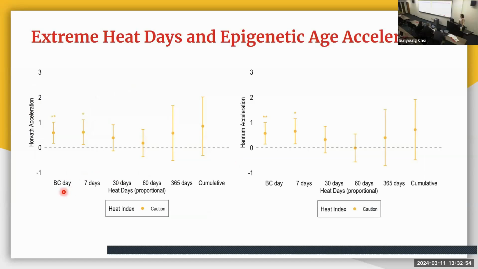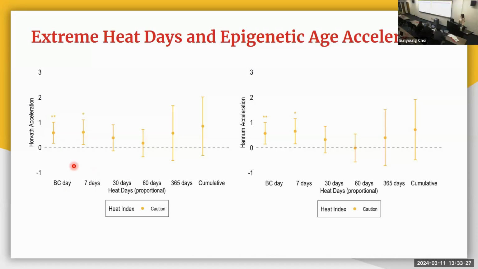So on the blood collection day, if someone's blood collection day was considered a caution level heat day, then there is a significant association of about 0.6 acceleration in the Horvath age metric. And for the 7-day, 30-day, and 60-day windows, I made them proportional just to make every metric comparable to each other.